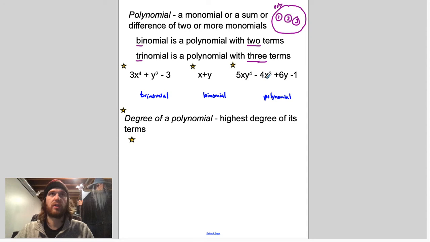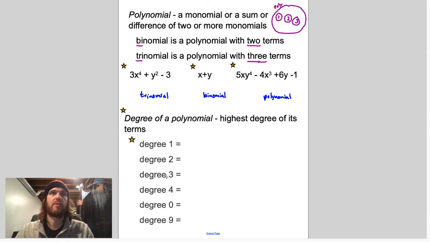So how do you find the degree? Finding the degree is just taking the highest degree of its terms, but it turns out there's a different naming scheme for different degrees. So let's find the degree of this first one. The degree of the first term is 4. The degree of the second term is 2. The degree of the third term is 0.